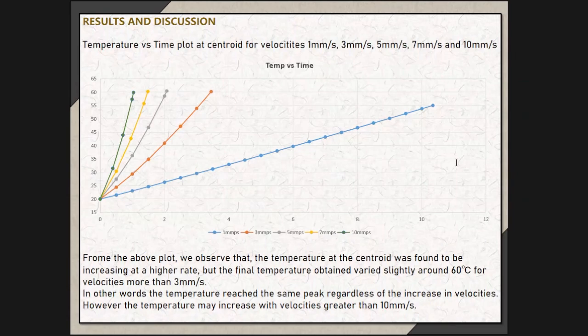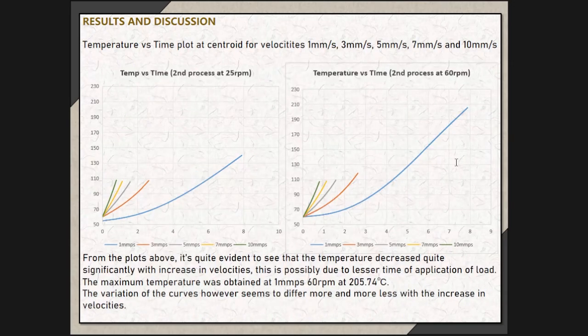Here are the accurate graphs that we have obtained at the center of the workpiece. This is how the temperature is varying for the upsetting process. This is how it is varying when the torsional moment is added. You can see there are so many changes.